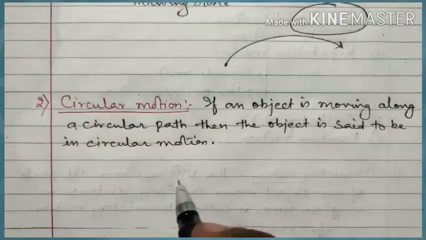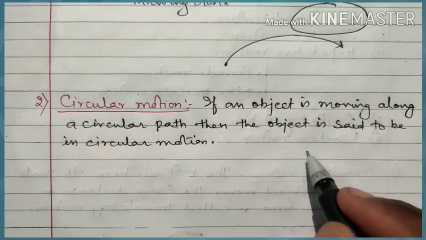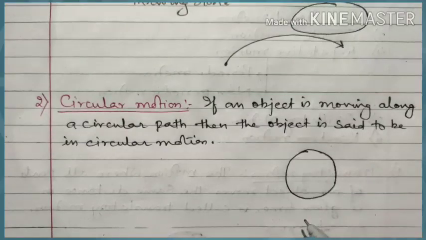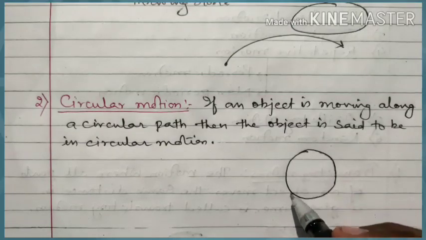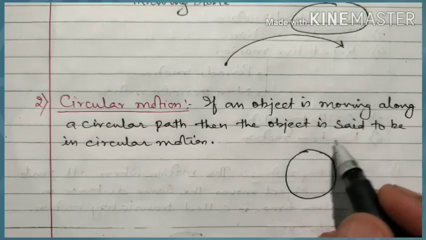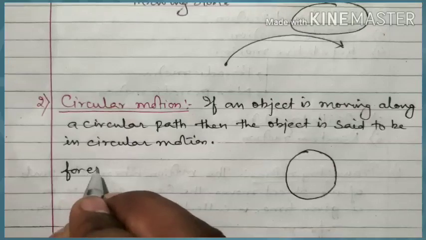Or in short, you can define it: the object moving in a circular path is called circular motion. The path should be circular. In this path, if an object moves, then that object will be said to be in circular motion.